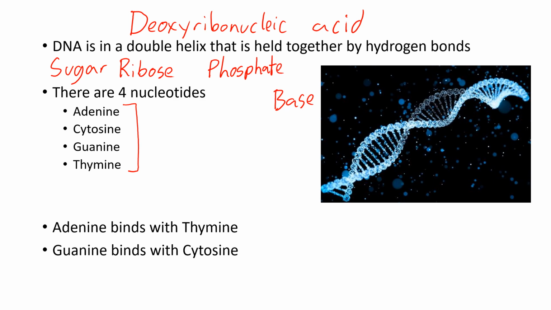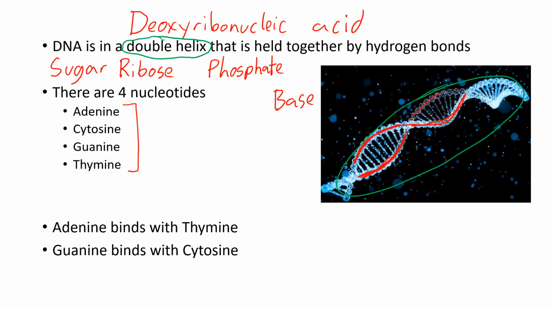And DNA is in what we call a double helix formation. It's like a ladder formation that has been twisted. These parts right here are the sugar and phosphate, and sugar and phosphate, and more sugar and phosphate. These outside parts are the sugars and phosphates.